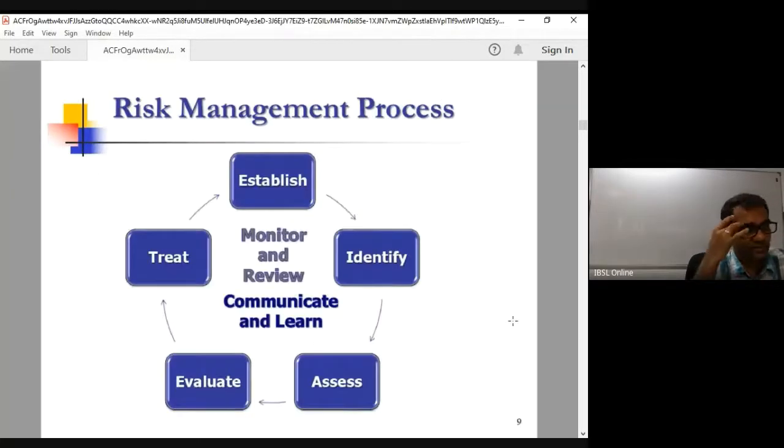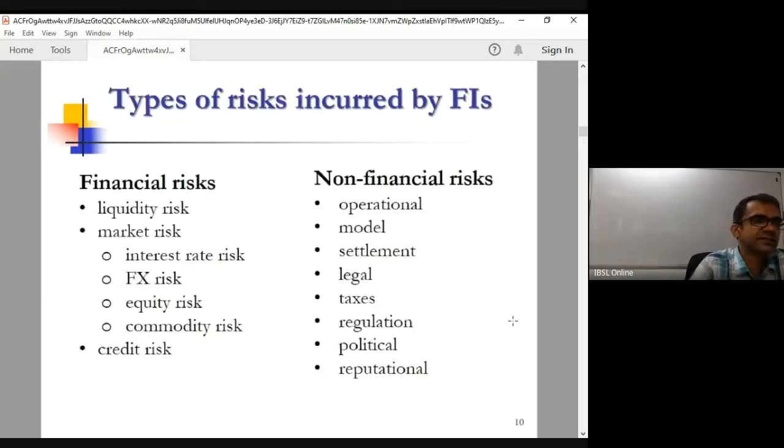So with that, we'll move into what are the risks that financial institutions may face. Again, we can break that into two parts. First one, financial risk. The other one is non-financial risks. That's the broad categories of risk faced by financial institutions.